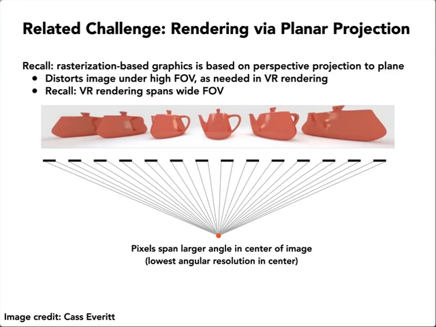Recall that current VR headsets are on the order of 100 degrees of angular field of view, but the human visual system per eye is something like 160 degrees, even without rotating the eye in the socket. So what happens when you consider such large angular fields of view with a planar projection, like the simple linear perspective projection matrices that we studied in transforms, is that they really start distorting the periphery in a way that's maybe a little bit surprising.